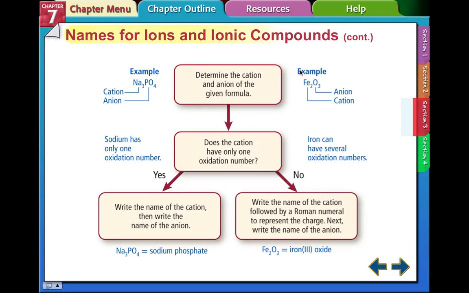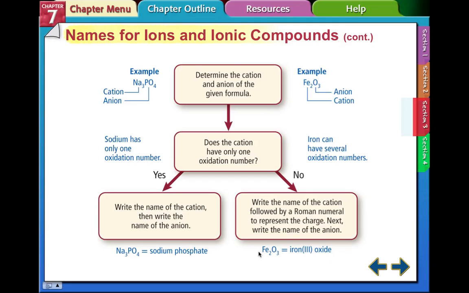Let's look at this example on the right-hand side. We know our cation is iron. We know our anion is oxygen. We know that iron can have at least two different oxidation numbers. So we are going to write the name of the cation, which is iron, followed by the Roman numeral of the oxidation charge that it represents, and then we're going to write the name of the anion.